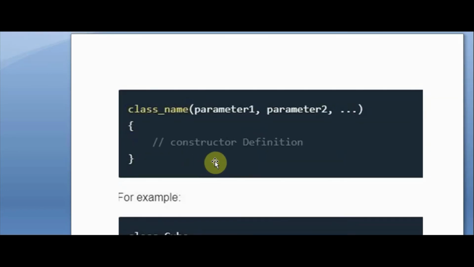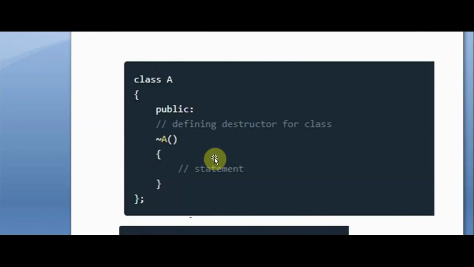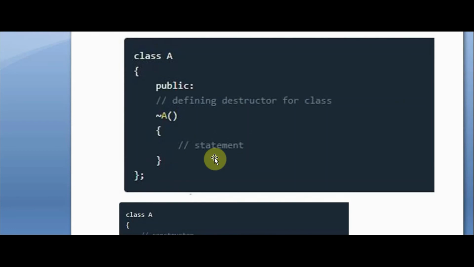Now we will see what destructors are. Just like a constructor, there is a destructor. Destructors are special class functions which destroy the object as soon as the scope of the object ends. Means that once an object has met its life, there is no work assigned for the object, and when the object is not useful for us, we can destroy it.